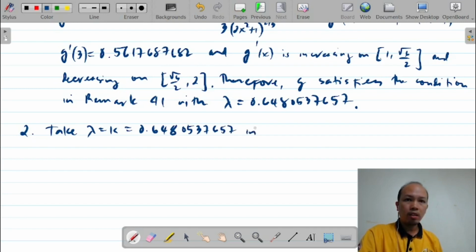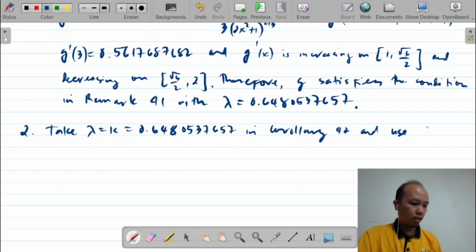Okay, in corollary 42, and use bound number 4.